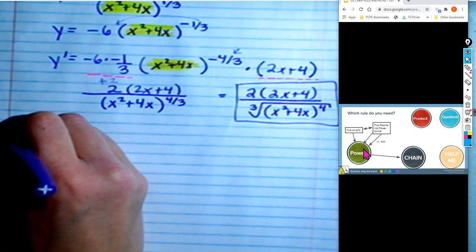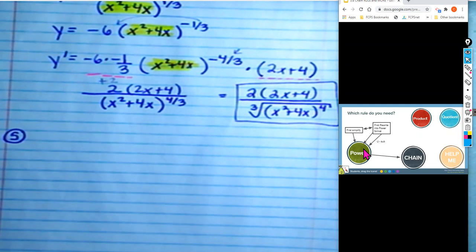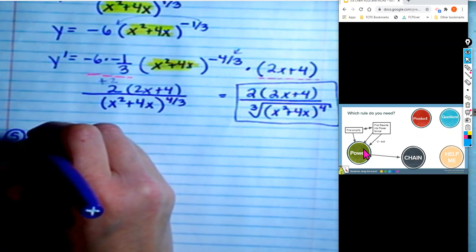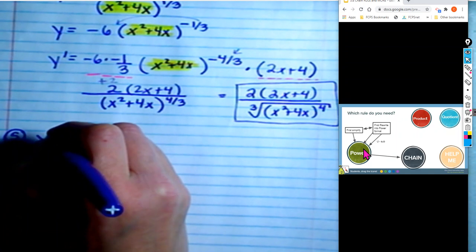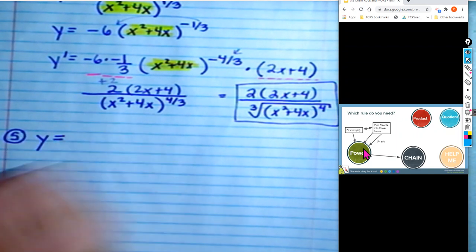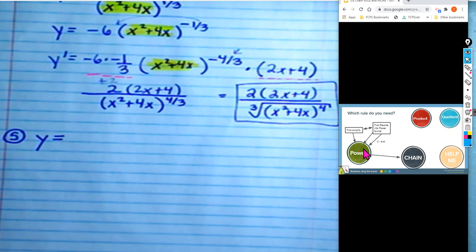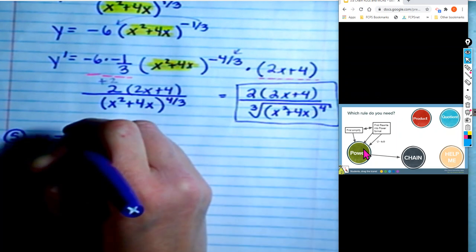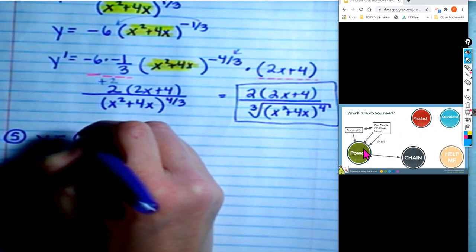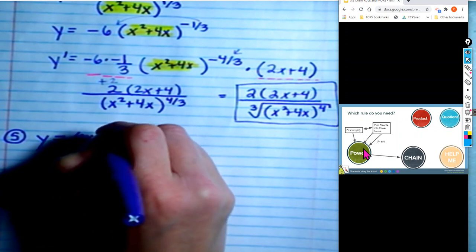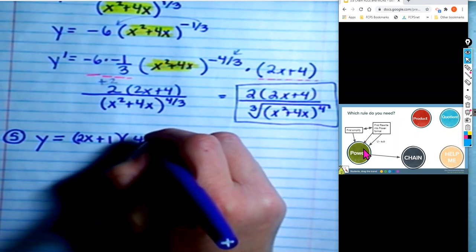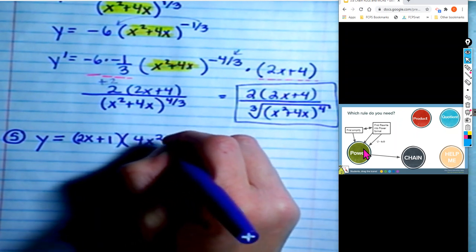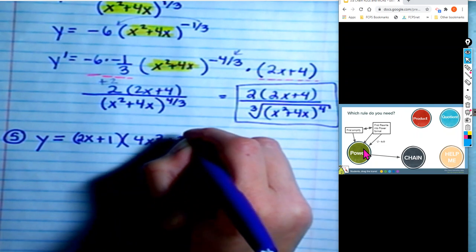Okay, let's do a 5th example. y equals x, 2x plus 1 times what? 4x squared plus 3.